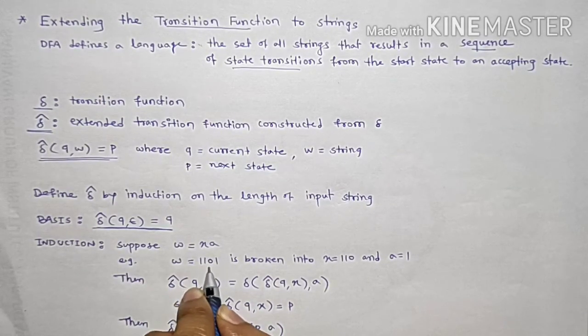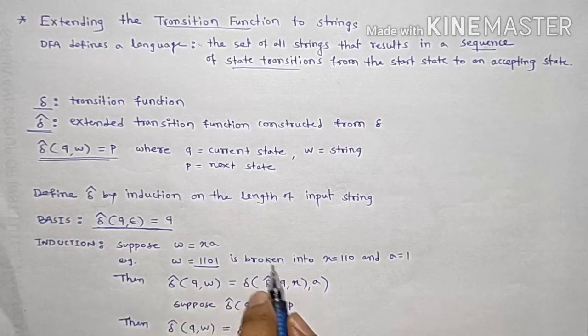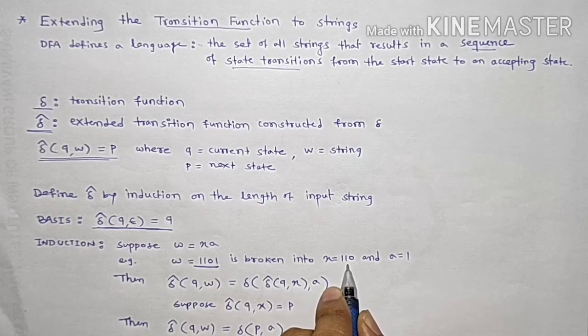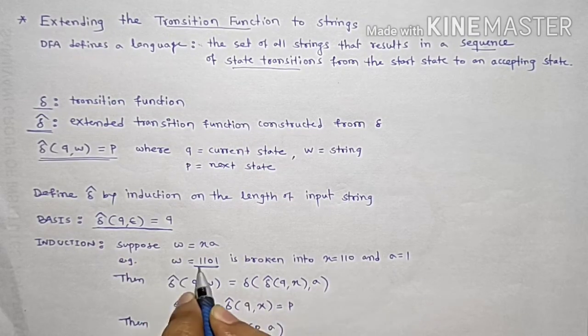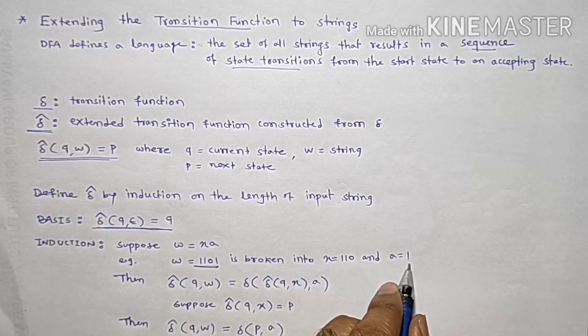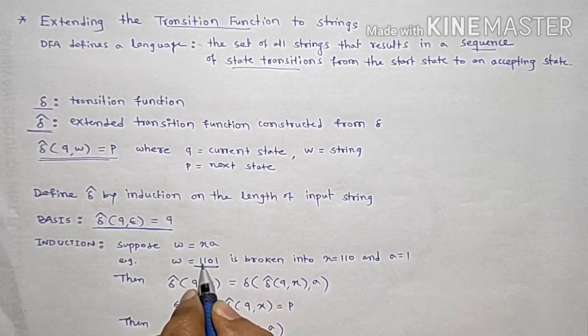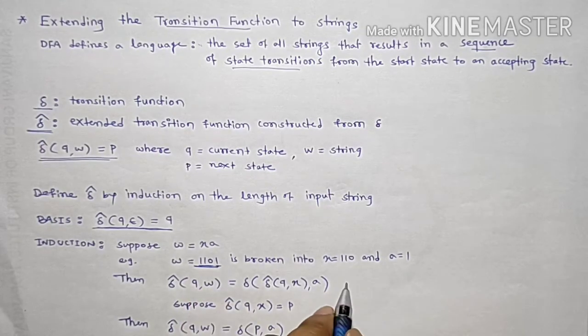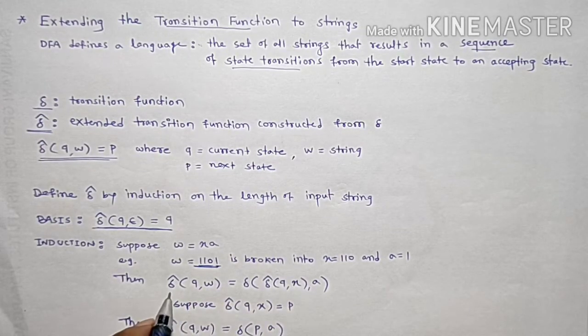For example, if w is equal to 1101, we can break 1101 as x equal to 110, which is the prefix of w, and a equal to the last symbol of w, which is 1. So 110 is x and the last 1 is a. Then we can compute the extended transition function delta cap for this w as follows.